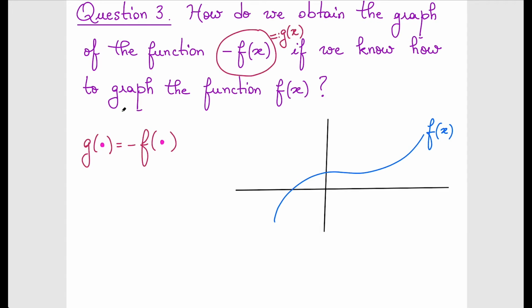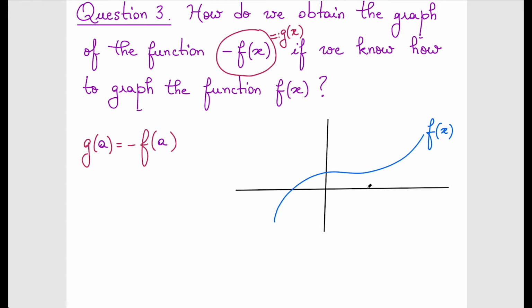Okay, so I would like to know how this translates at the level of geometry. Well, if this bullet is a, this guy and this guy are a, so g of a is negative of f of a.